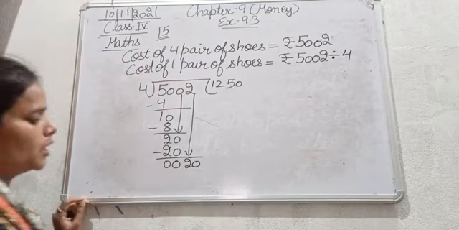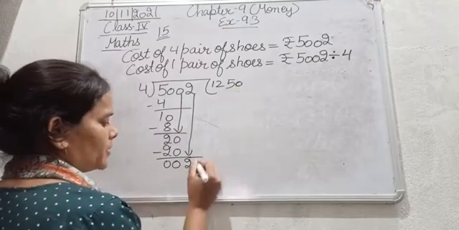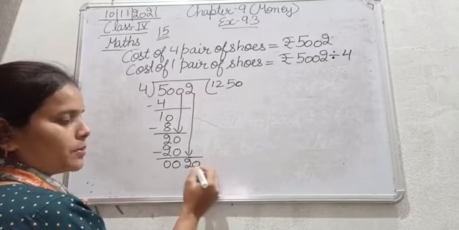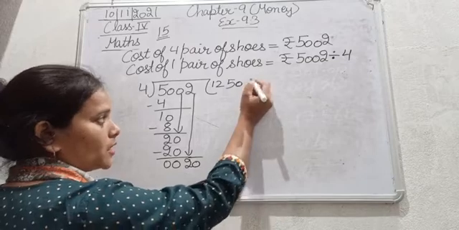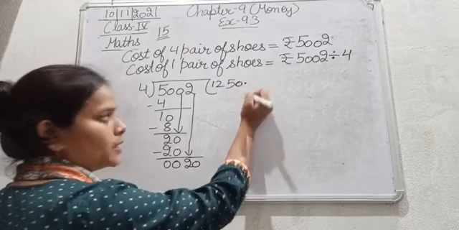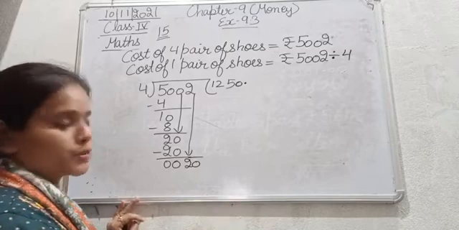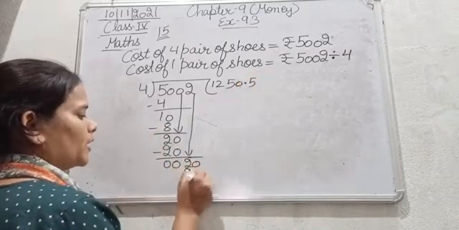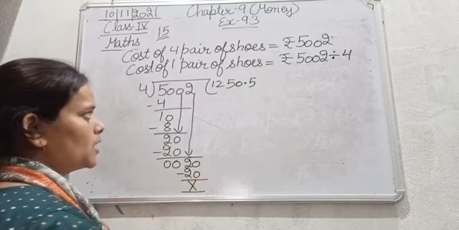Okay, so after increasing a 0 here, we have already brought down one digit and a 0 as well, so we cannot increase 2 digits together. So what we do, we put a decimal here. Now you can increase any number of zeros. So 4 fives are 20, 20 minus 20, nothing is left.